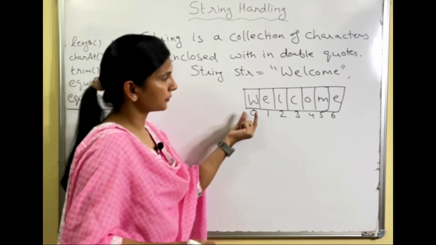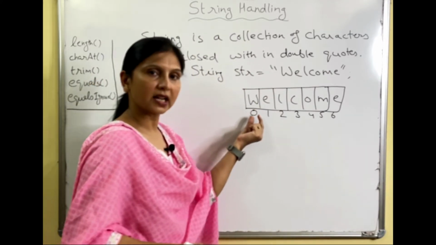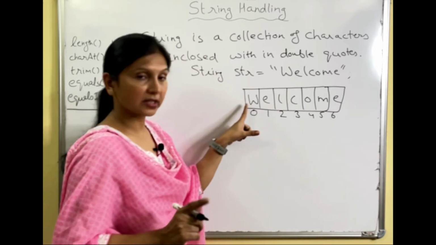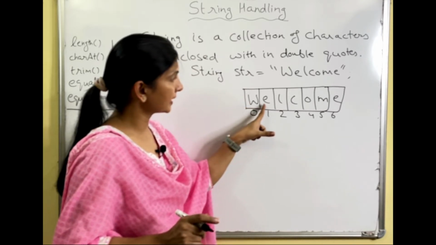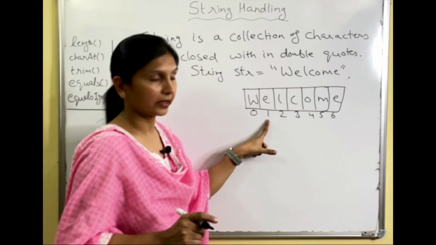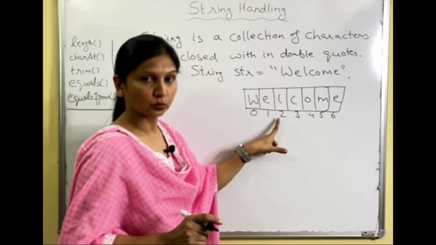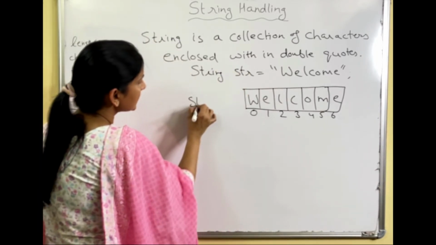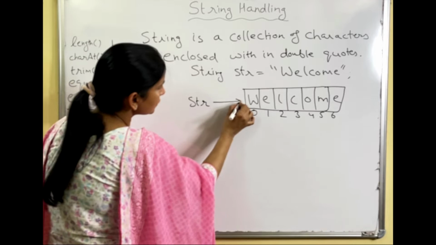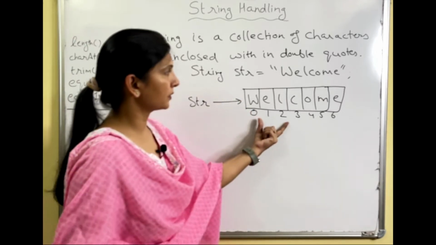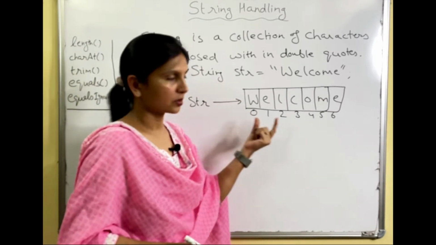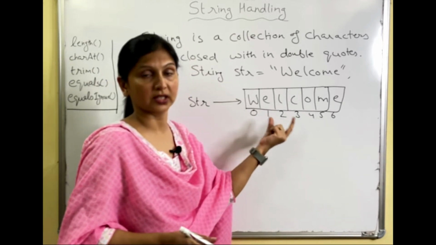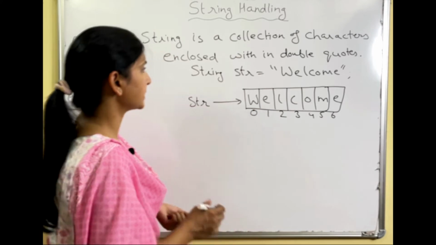The index of the first character always starts with 0, not with 1, right? So the first character is at index 0, the second character is at 1, the third at 2, and so on. And what is str? Str is a reference variable which refers to the memory location where the string is stored, right?